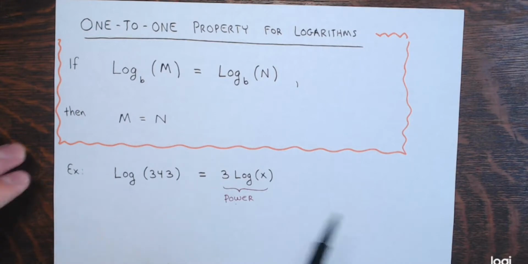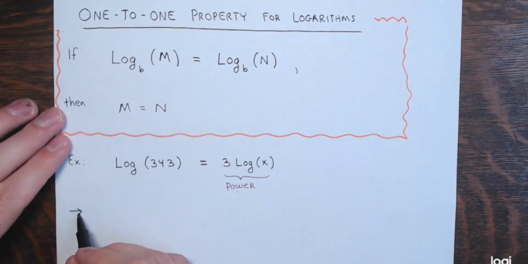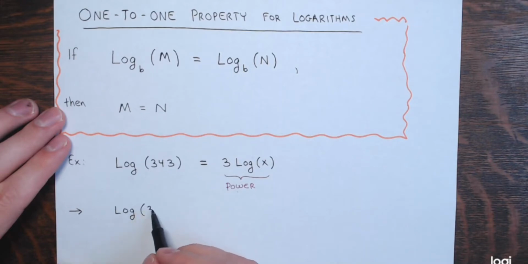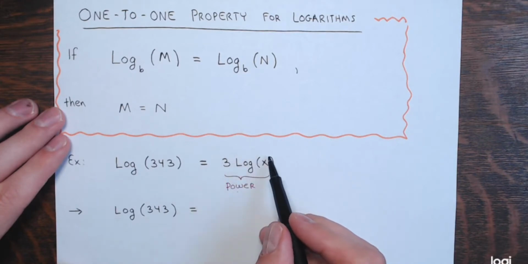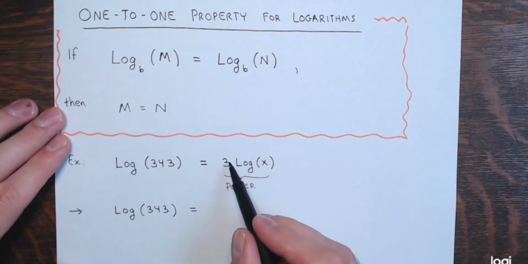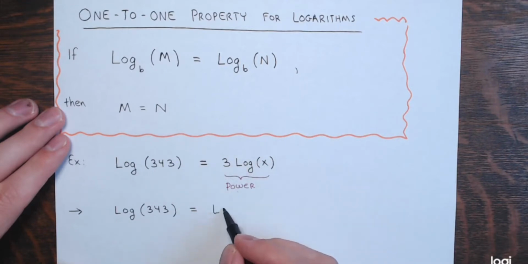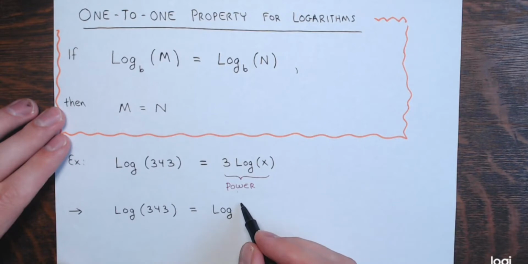All right, so now we have, on the left side, still the log base 10 of 343 equals, and then I put that number 3 that's multiplied by the log inside, and this argument becomes x to the third power. The log of x to the third power.